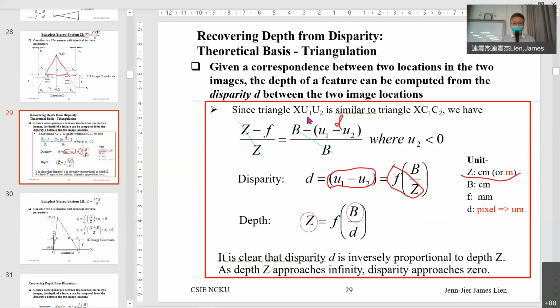This equation comes from here, the similarity between two triangles. What's the meaning here? This is the baseline. So you know the baseline, you know the focal length, and this is the corresponding point. Each point is a corresponding point.